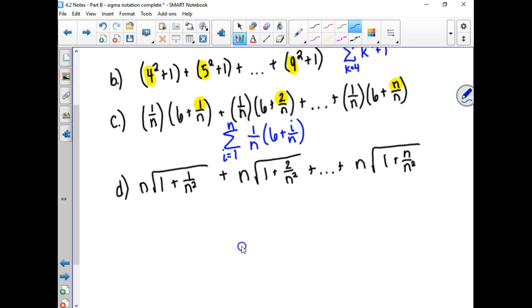Okay. What about for D? What do we see changing? The 1 over N squared, so this 1 to N right here changes. So basically we're just going to take N square root of 1 plus, let's call it a J this time just because we can, J over N squared.